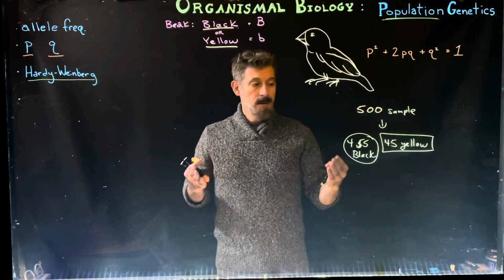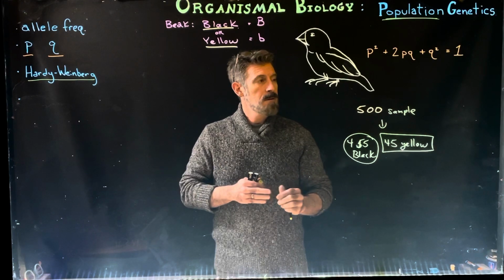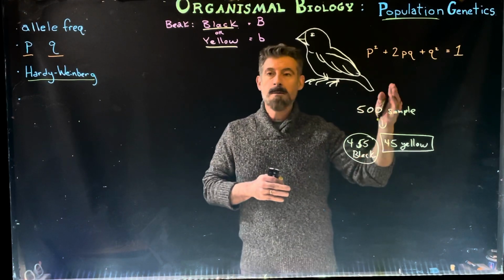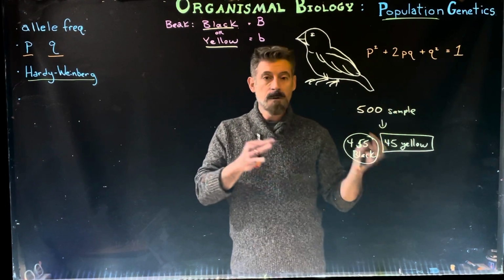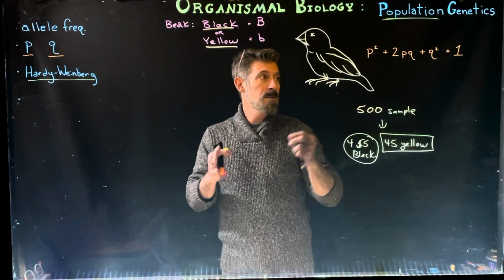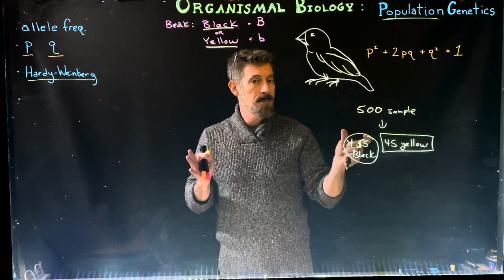And so now you're going to have a bunch of questions. Questions are going to be related to, what's the frequency of the recessive allele? What's the frequency of the dominant allele? What's the frequency of the different genotypes?